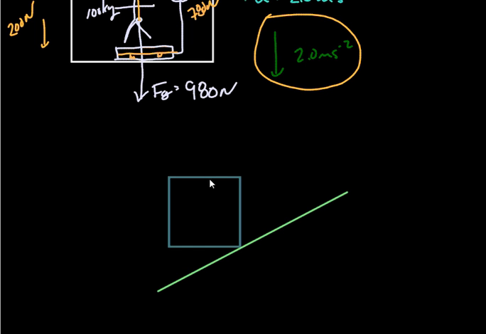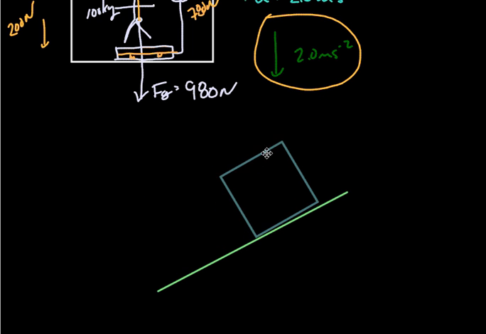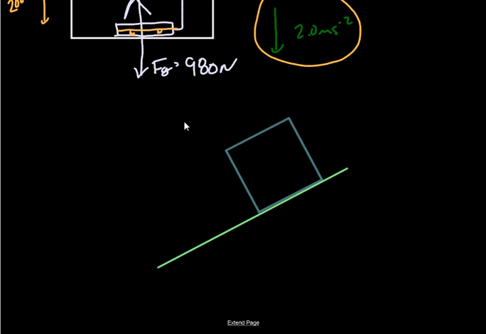You have probably experienced the scenario where you take an object and you sit it on a surface and then you lift the surface up. You might even try this, just get a ramp or something, put a little ball on it, you start to pick it up, you don't have to move it too far before the object will start to slide down. So how do we explain this?